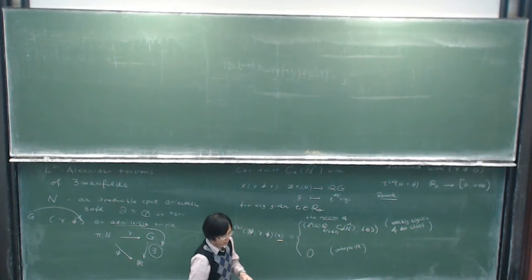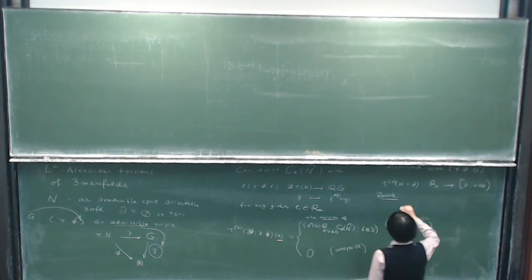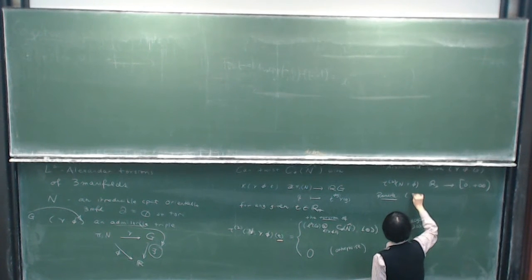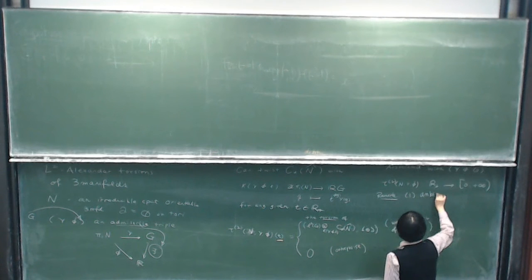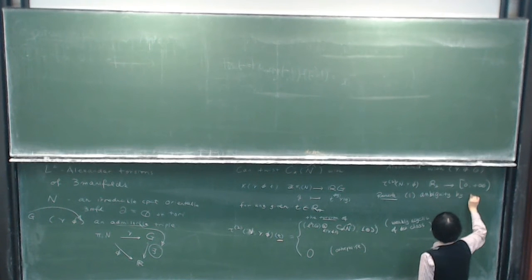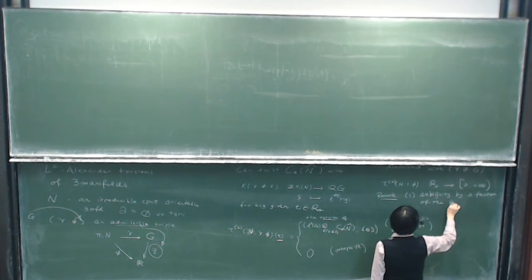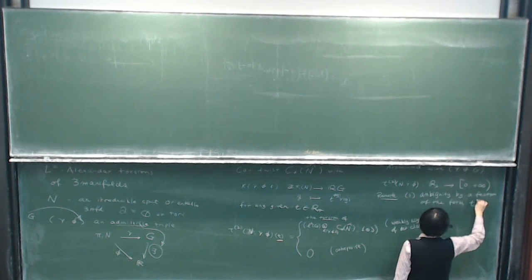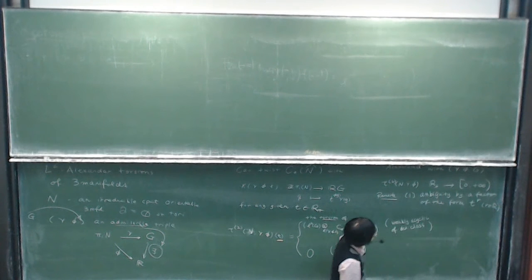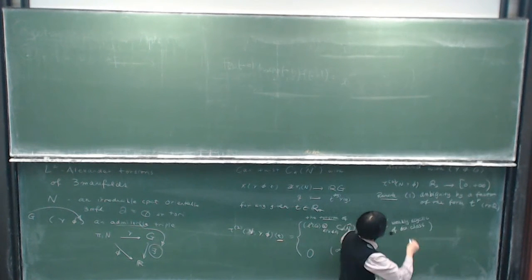If you switch to a different CW complex structure, you may get a different function, and that function may differ from the previous one by a factor of the form some monomial of T to the R. So you're talking about a function, and this is the ambiguity factor.